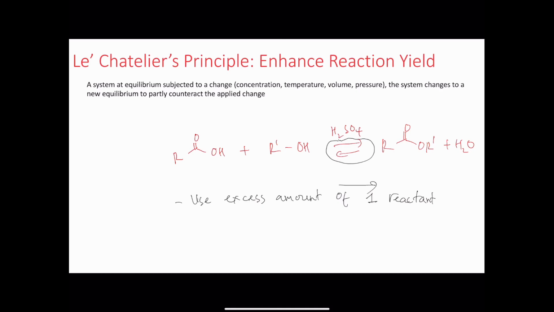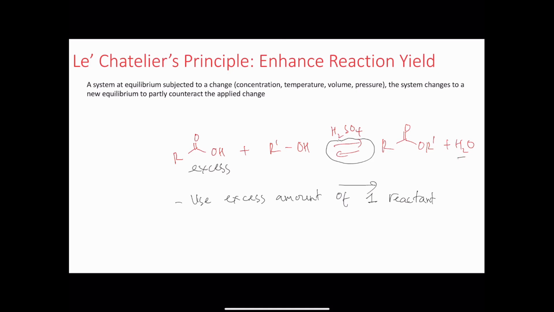So usually we base it on the price of the starting material. So whichever is cheaper, we're gonna use that as an excess reactant. And in our reaction today, we're gonna use carboxylic acid as an excess reactant.